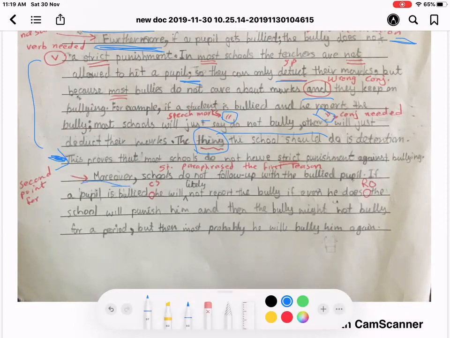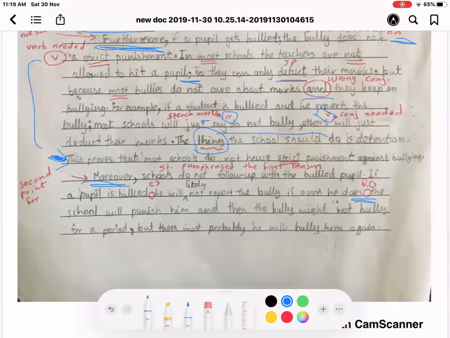Let's start from here. "Moreover, schools do not follow up with bullied pupils." That's the second point. So this topic sentence is very nice. "If a pupil is bullied, he will likely not report to the bully if even he does." There is a run-on sentence here.